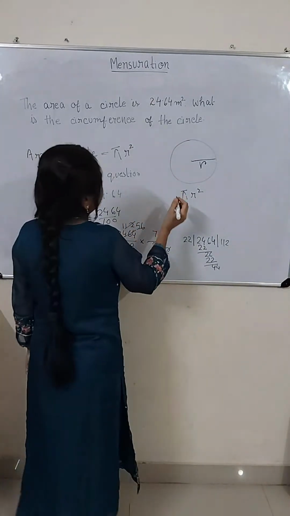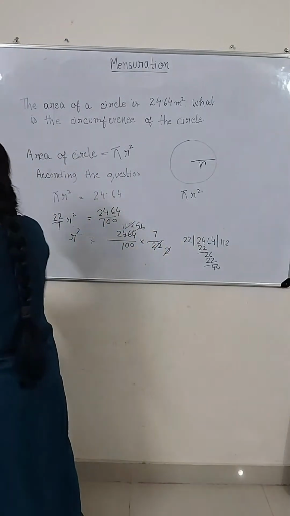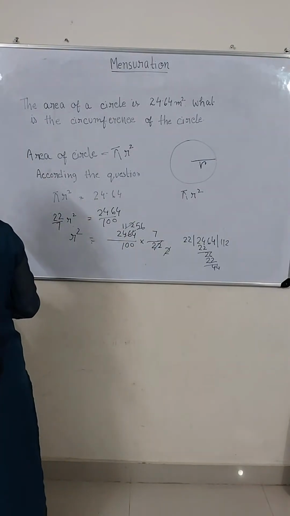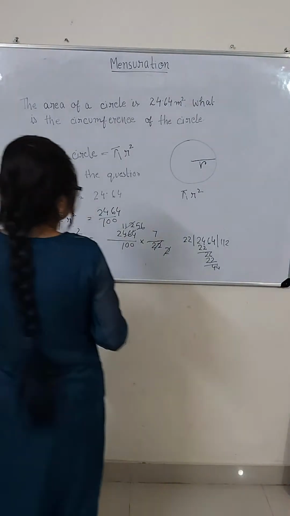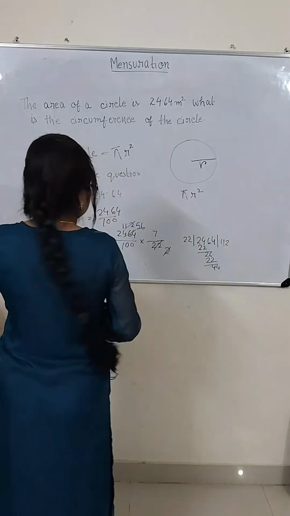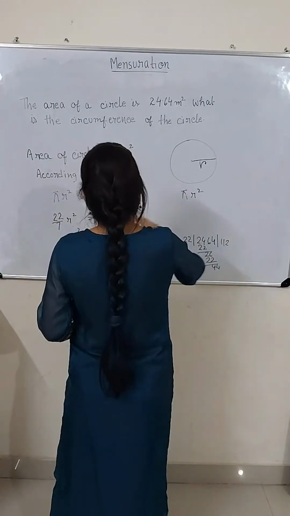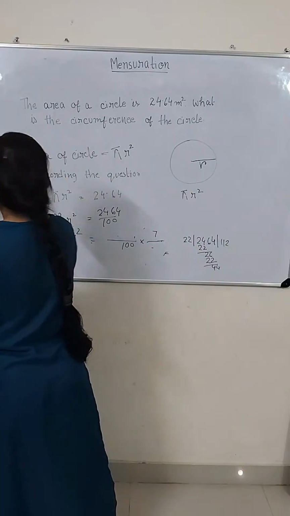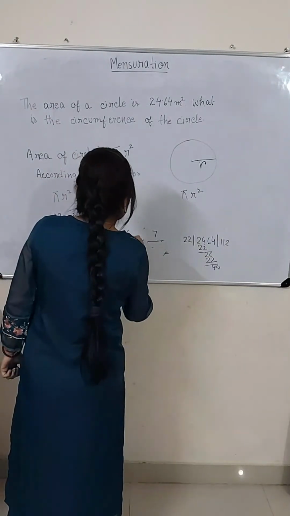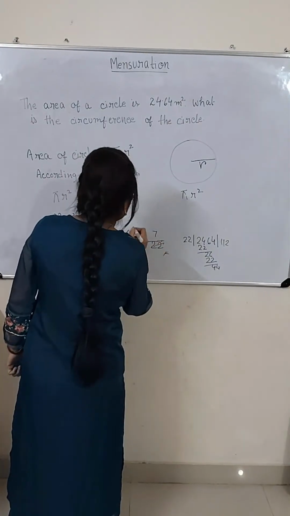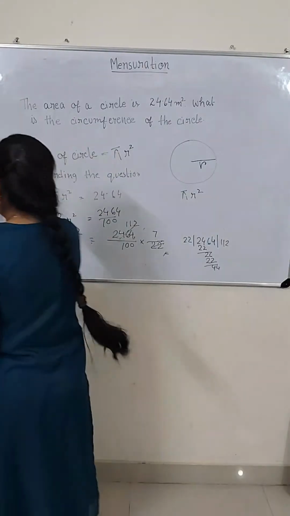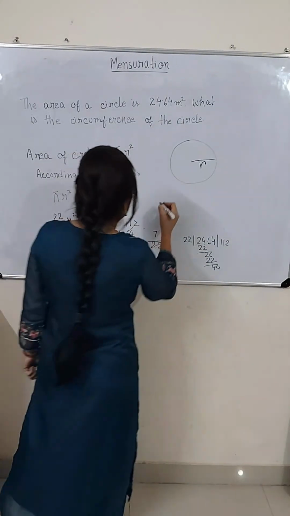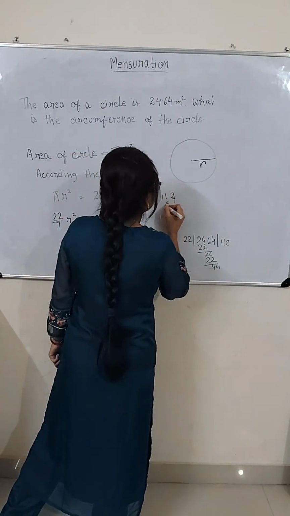Now I multiply here. I do not make it small; I make it big and write 112 into 7.